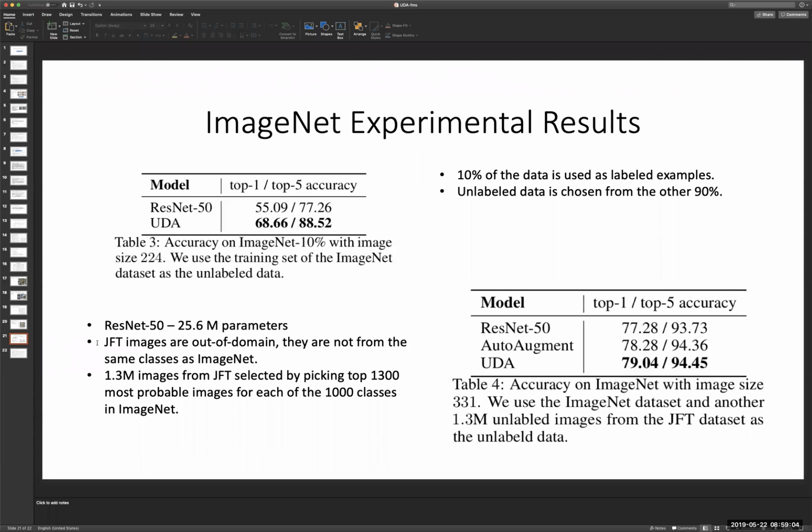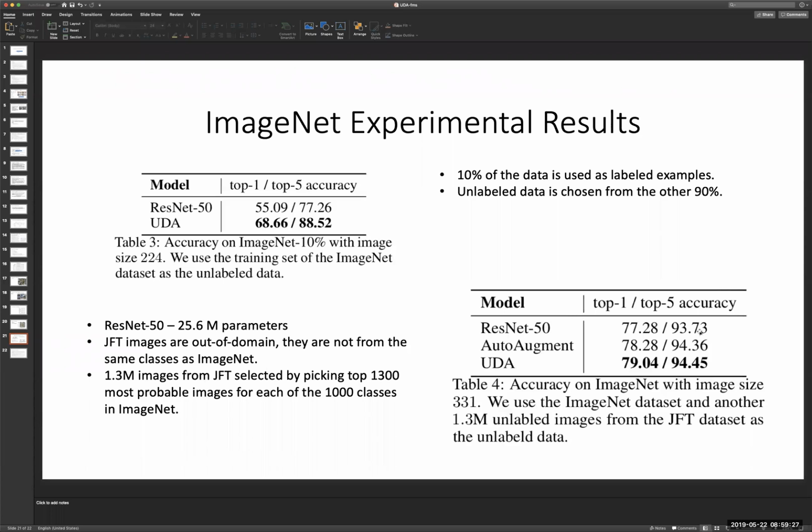So we simply use our ResNet 50 model, pre-trained on ImageNet, calculate these probabilities for each of those, and pick the top 1,300 from each one. Now we've assembled an unlabeled data set, and we can use it in UDA.